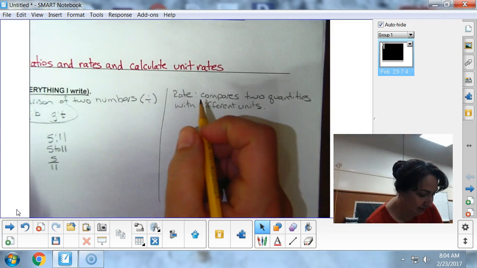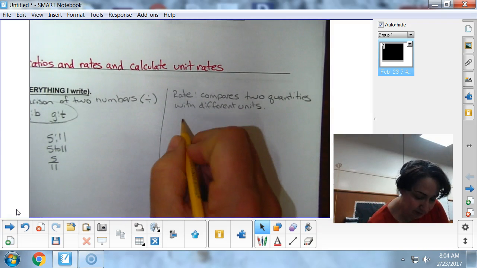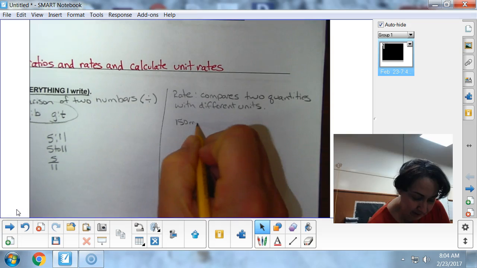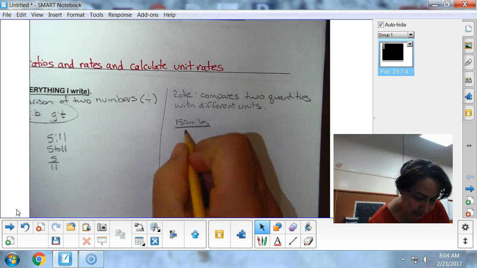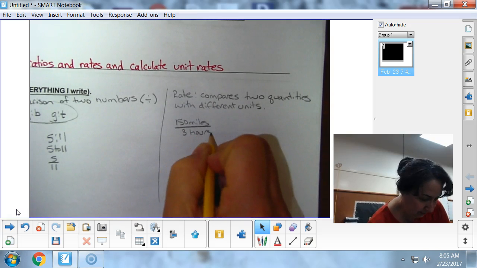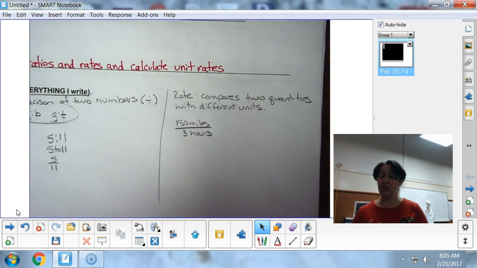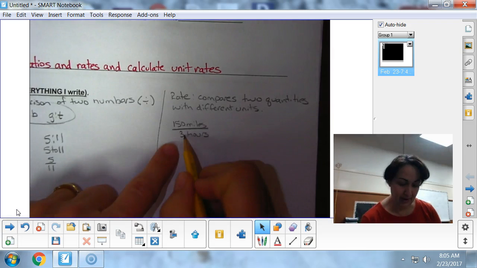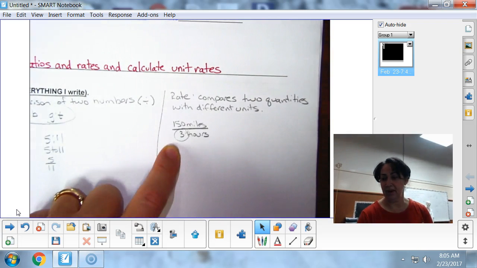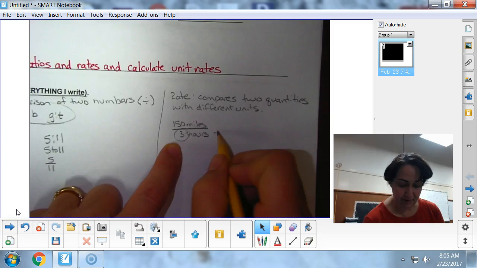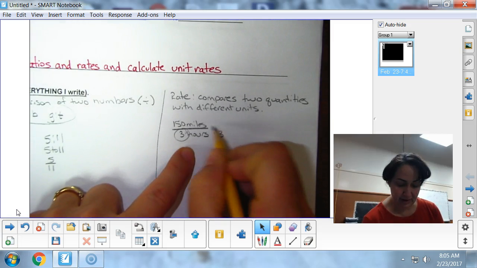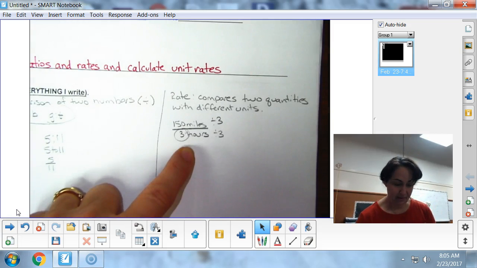So an example might be we drove 150 miles in 3 hours. Okay, so to find the unit rate, we want this bottom number to be a 1. So to do that, we would divide by 3. And if we divide the bottom by 3, we would have to divide the top by 3.